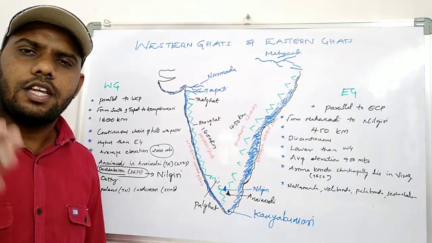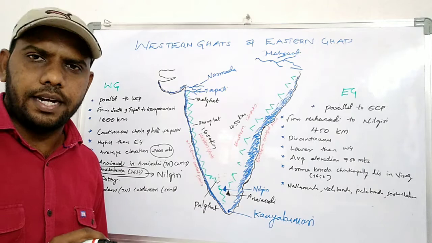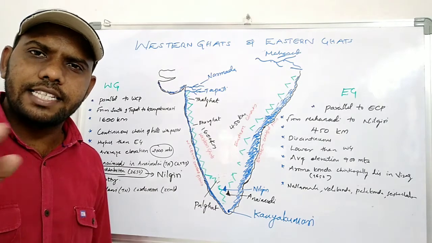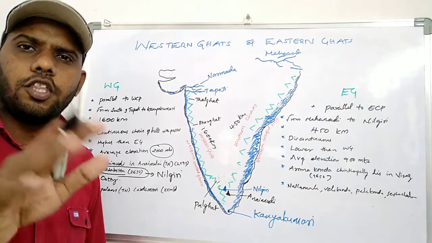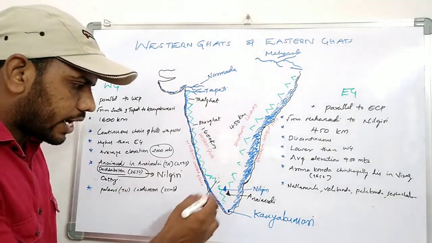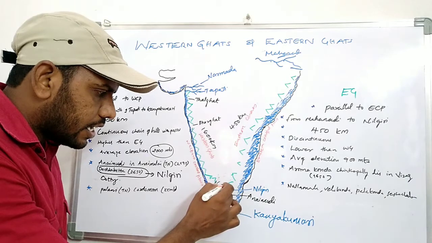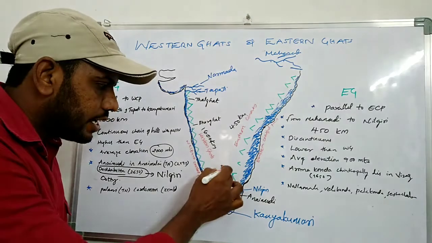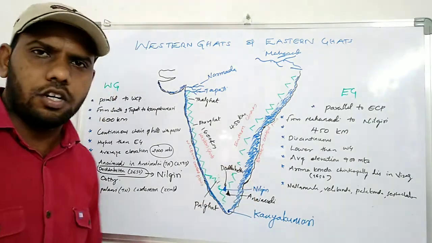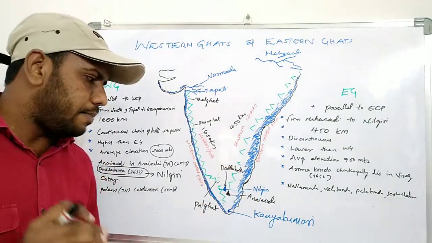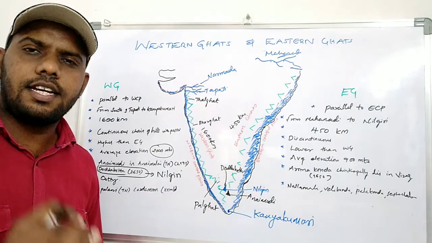Dodda Beta. Now the question, which is the highest peak in the Nilgiri Hills? You should write Dodda Beta, because Dodda Beta is located in the Nilgiri Hills. Got it, children?